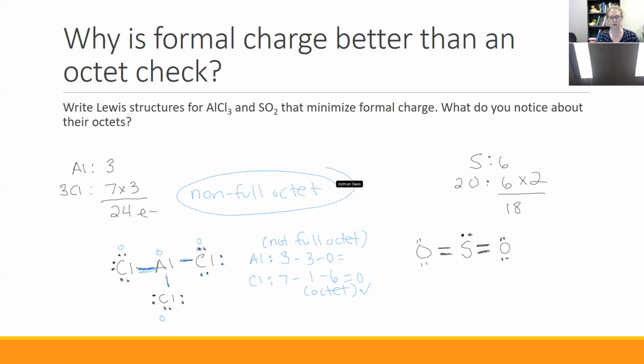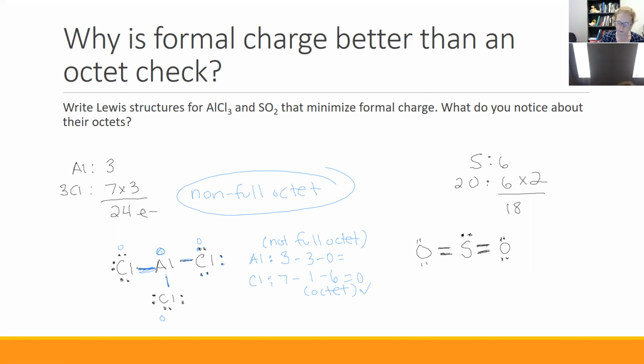You saw this with hydrogen. Remember, hydrogen only wanted 1 bond in a Lewis structure, or wanted a duet of electrons. Some things like aluminum don't need to go to 8 either. Their formal charge is at 0 without doing that. And so they're fine, thank you very much. They want to be left alone.